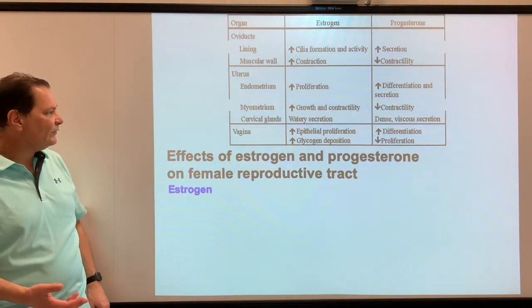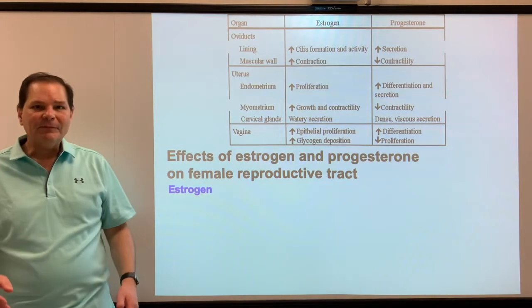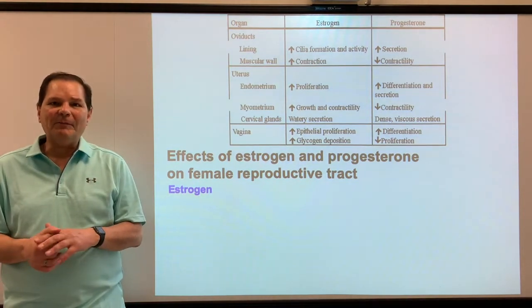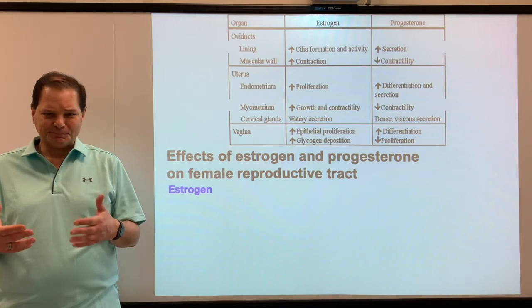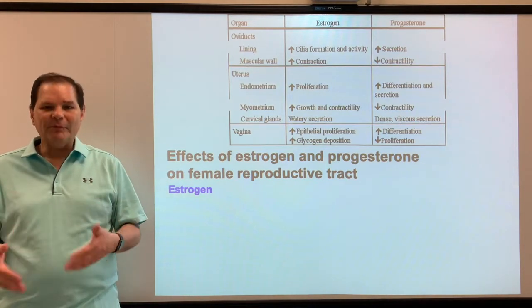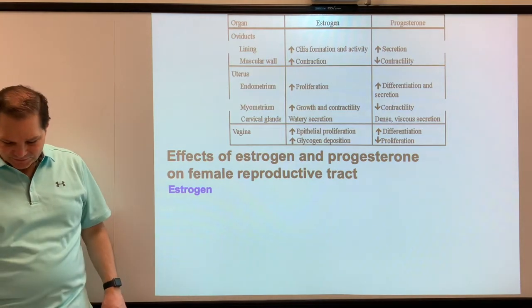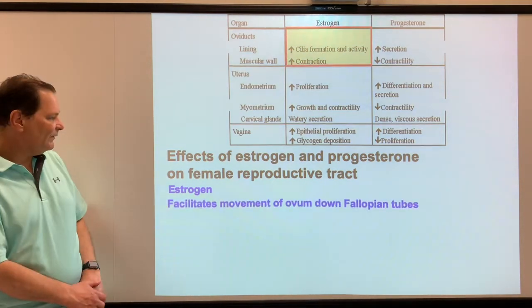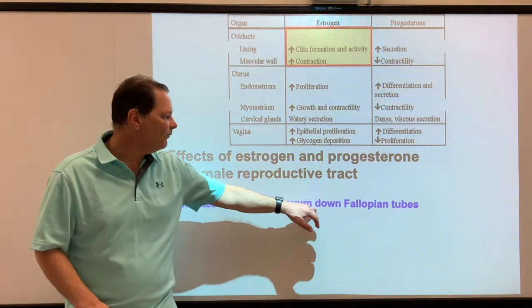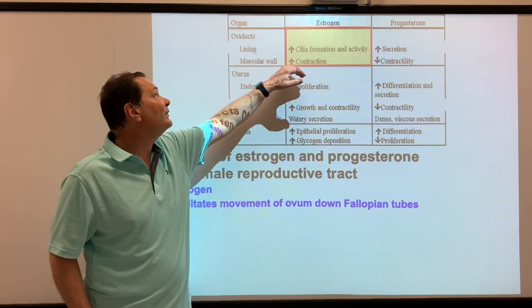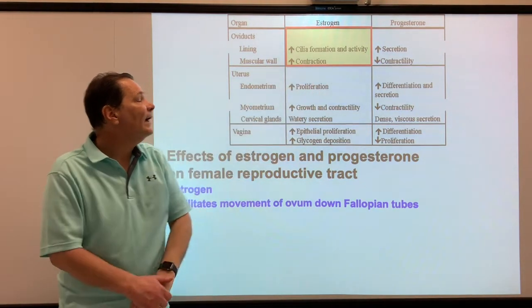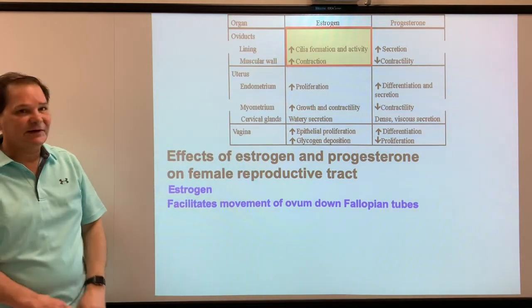So let's start with estrogen. Estrogen plays its primary role in preparing the ovum for fertilization and trying to get fertilization to take place. So it facilitates movement of the ovum down the fallopian tubes by increasing contraction in the oviducts, and it increases cilia formation and activity.